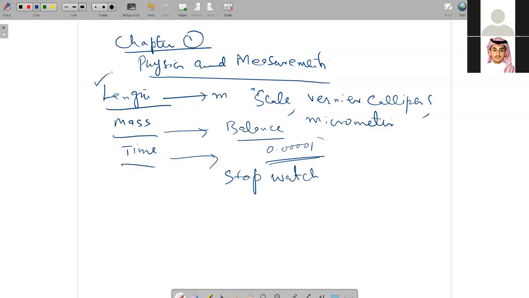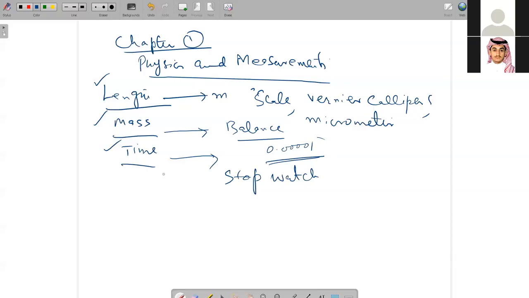So we have discussed all these things, and how length, mass and time are defined. Then I discussed with you the physical quantities, the fundamental physical quantities and their units.